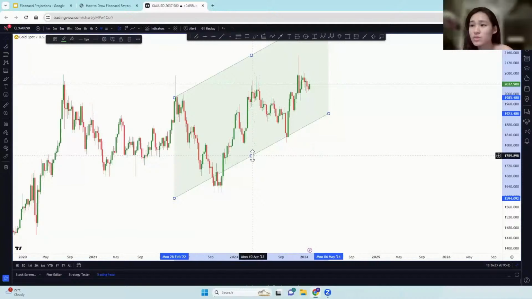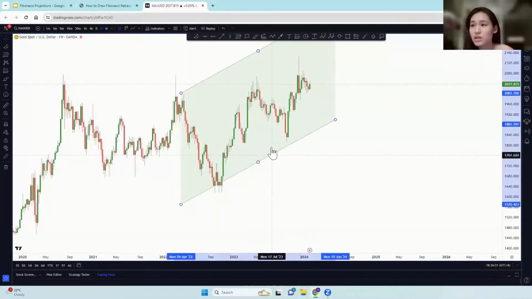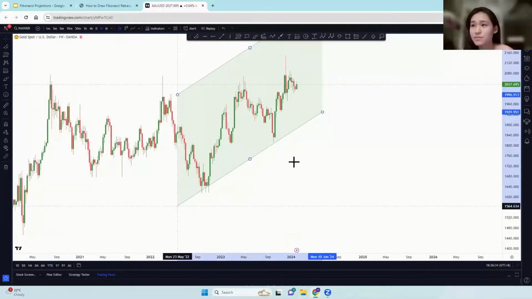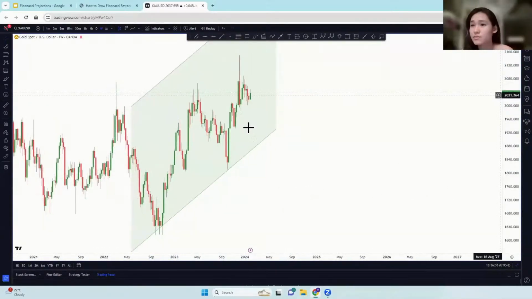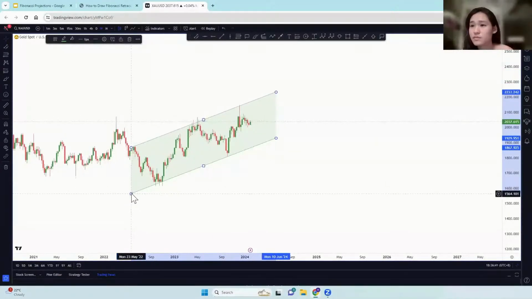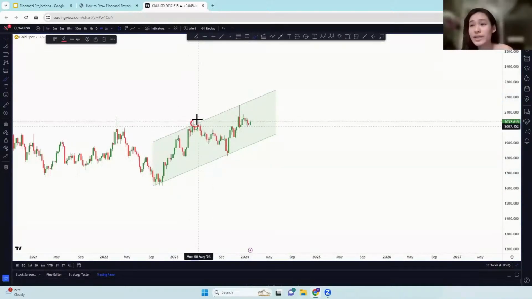Okay, so we start off by looking for any trend lines or trend channels. I don't think we have a trend channel here. Okay, actually we do. What makes a valid trend channel is at least two touches at the top and at the bottom of the channel.